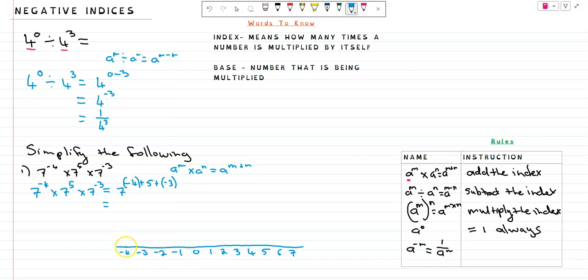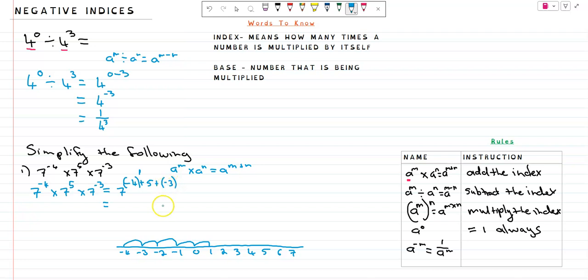From negative 4, we need to start at negative 4, and we need to plus 5, which means we need to move to the right. 5 times: 1, 2, 3, 4, 5. Let's do the jump again, 1, 2, 3, 4, 5, which means this is equal to 1.